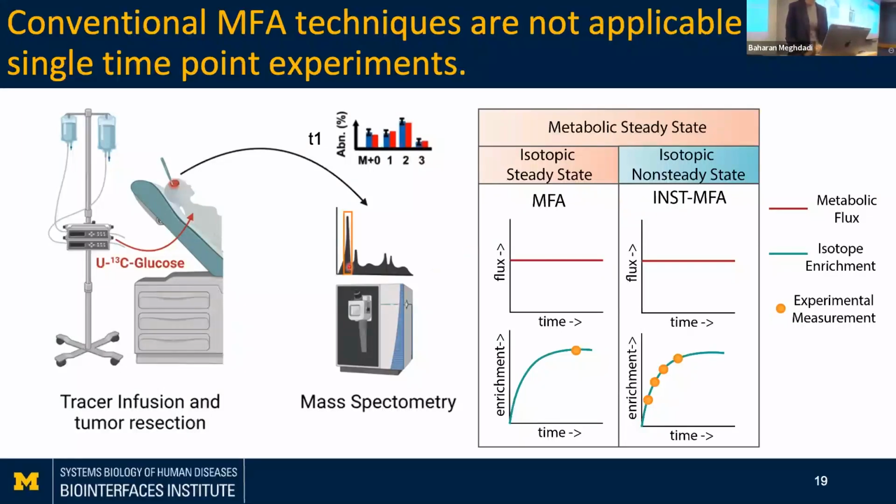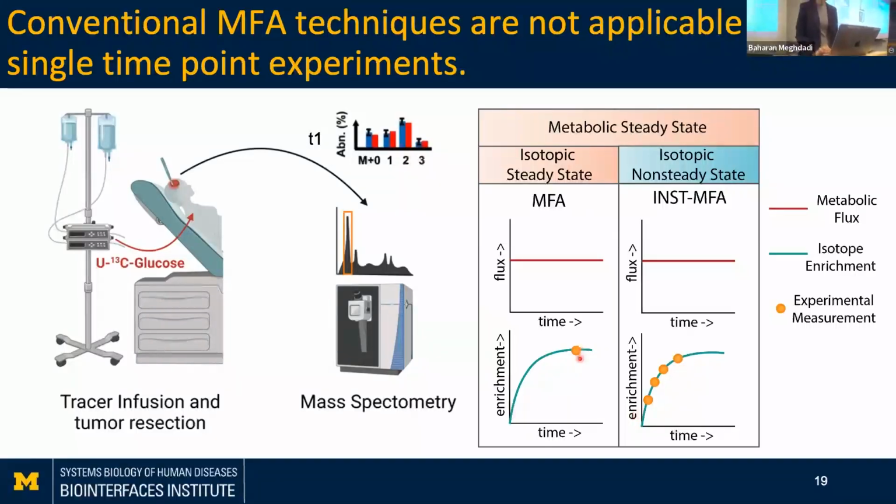And the reason that we can't use conventional metabolic flux analysis in patients is that we only have one time point. And for the metabolic flux analysis, we need multiple time points for the non-steady state problem to fit our data to the measured MIDs.